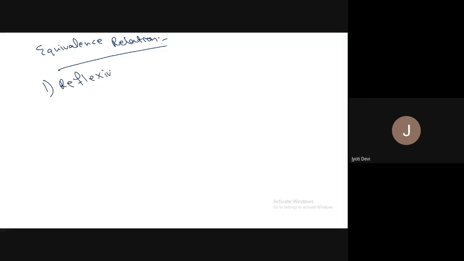First we check whether the relation is reflexive or not, then we check whether it is symmetric or not, then third we check whether it is transitive or not. If any one condition fails, in that case we can say the relation is not an equivalence relation.